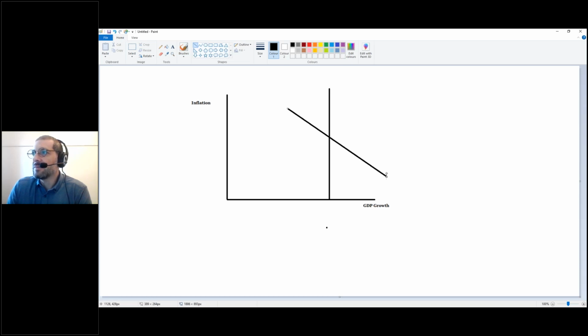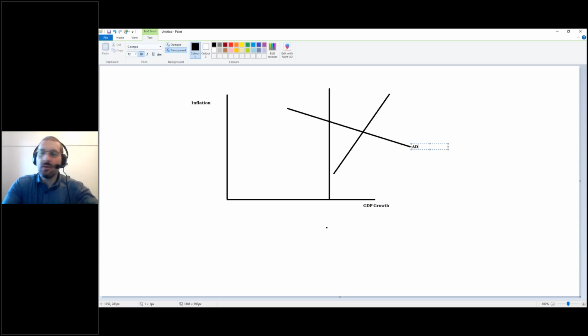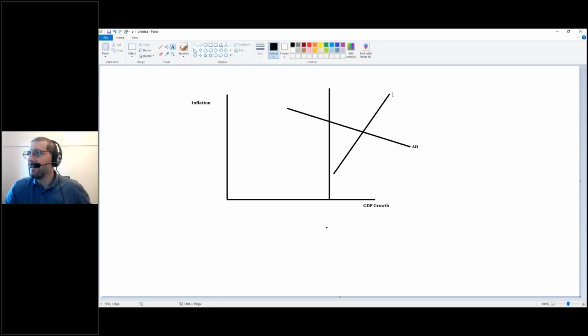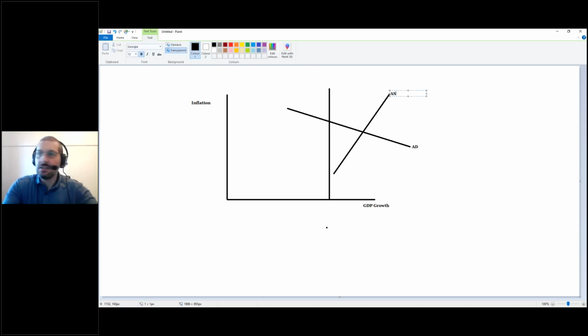It's downward sloping. I'm going to actually put it as such. Okay, so what we have here is an economy that is really past its potential, and where the two intersect, let's just label these. This would be what we call aggregate demand, and this would be aggregate supply.